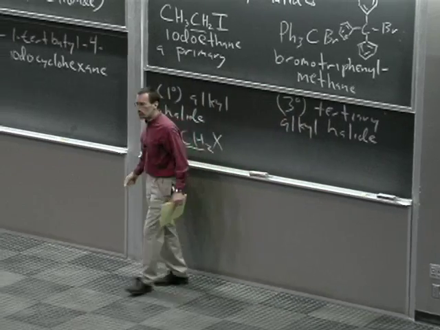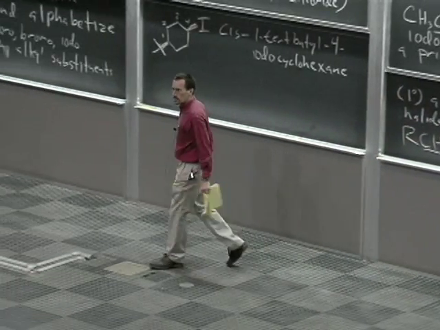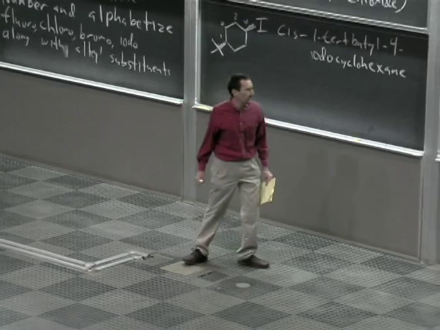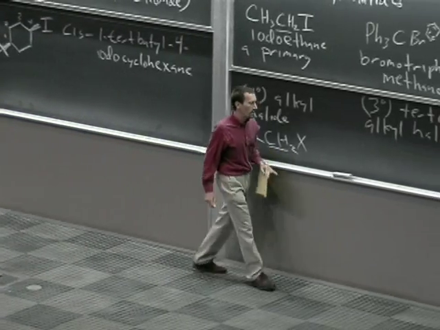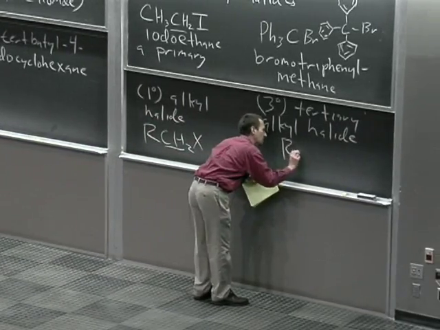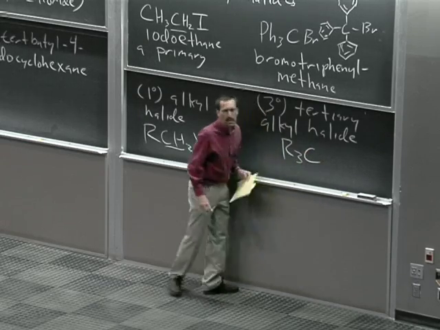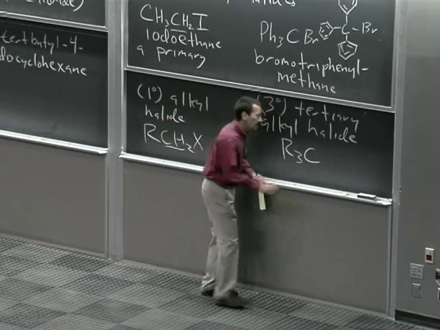And the general structure that's going to clue us into something being a tertiary alkyl halide is we have a carbon with 3 other carbons attached. So I'll write this in shorthand as R3CX.